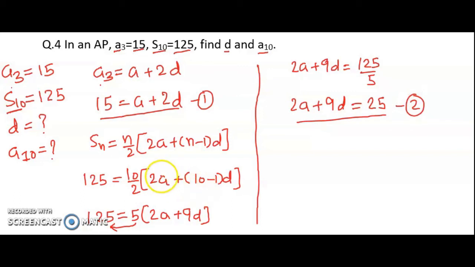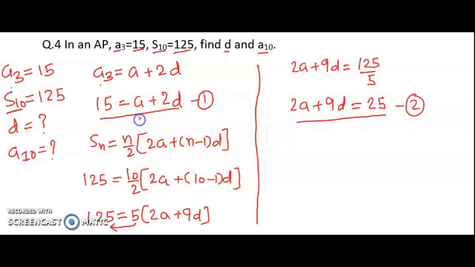So we have two equations. Equation number 1 is a plus 2d equal to 15, and the second equation is 2a plus 9d equal to 25. Now from those two equations we can find out the value of a and d. So how will you find out the value of a and d?